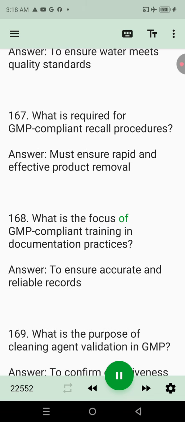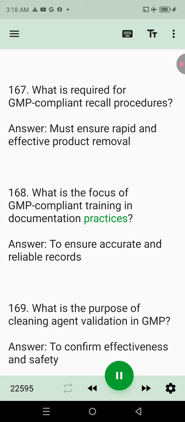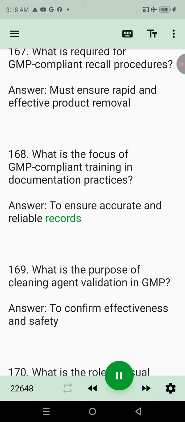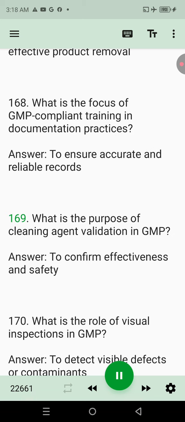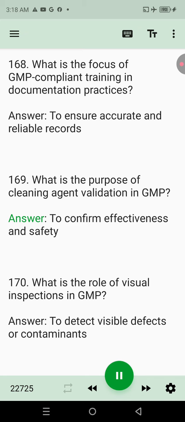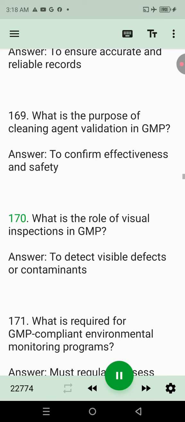What is the focus of GMP compliant training and documentation practices? Answer: to ensure accurate and reliable records. 169. What is the purpose of cleaning agent validation in GMP? Answer: to confirm effectiveness and safety.